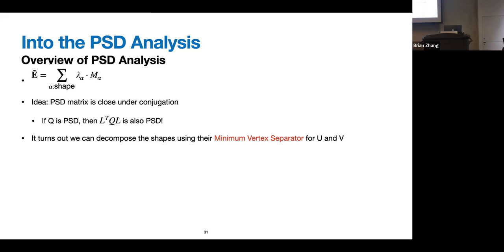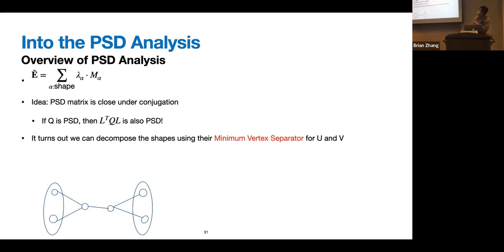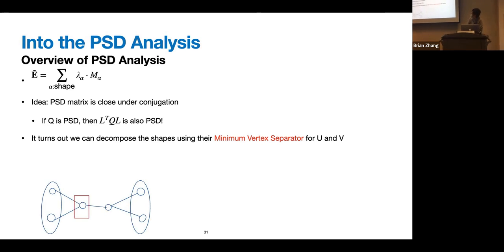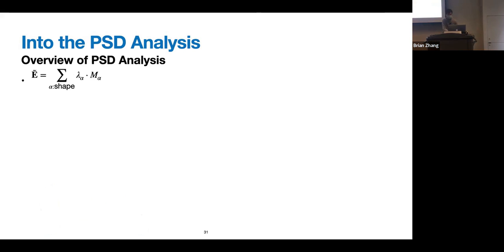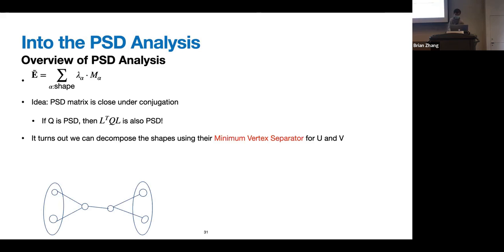Maybe let me give you an example for those things. For this graph, we want to block all the paths from the left to the right.